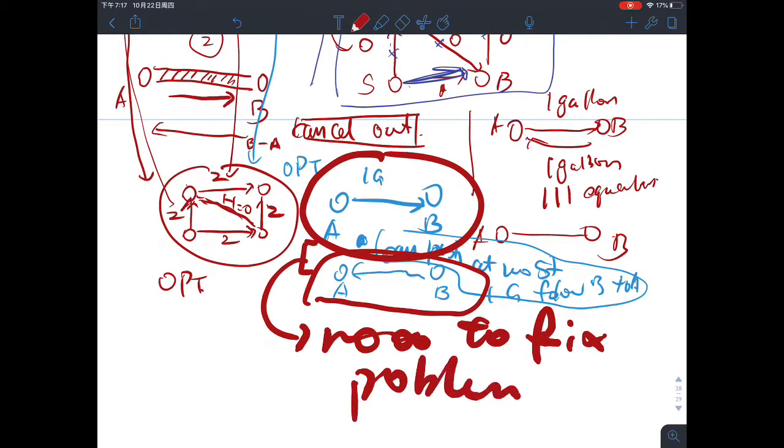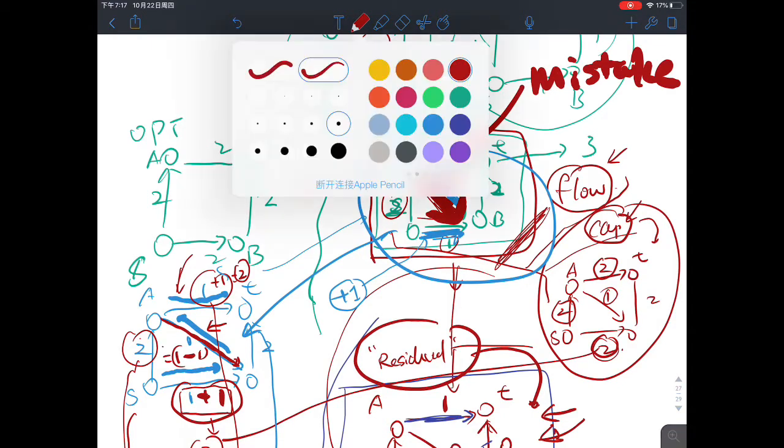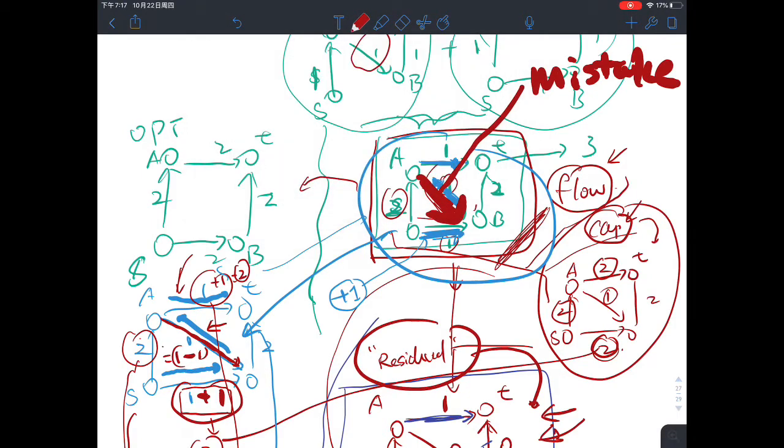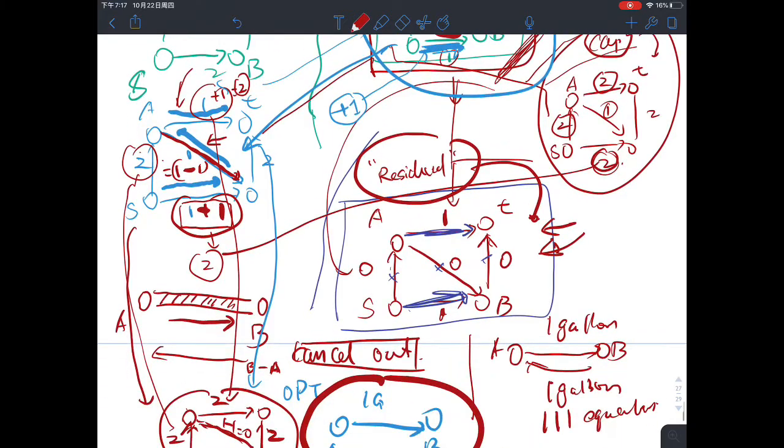In the sense that at the beginning I sort of decide to use A to B, but somehow if we allow that kind of operation to push flow from B to A, it's really just that we are sort of reverting the wrong decision we made, right? So when we add an edge that allows us to push 1 unit of flow from B to A, that allows us to revert one of the earlier mistakes we make, right? So by having this kind of interpretation, we actually managed to fix the problem, right?